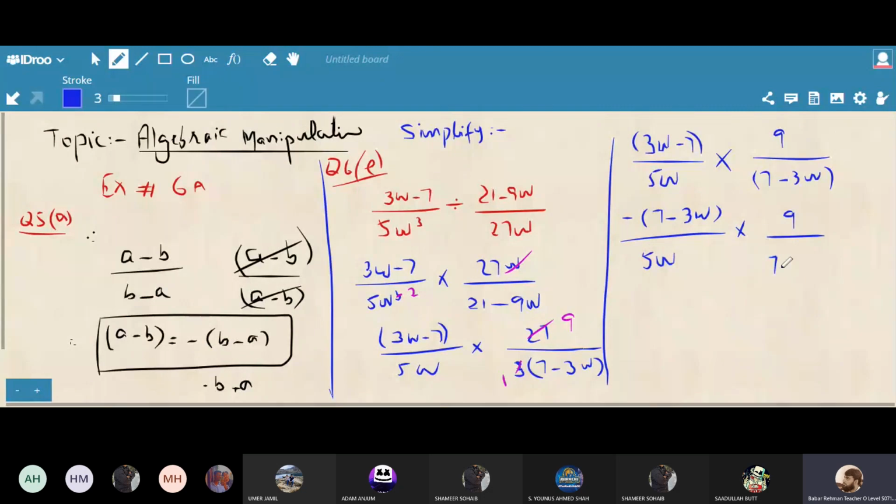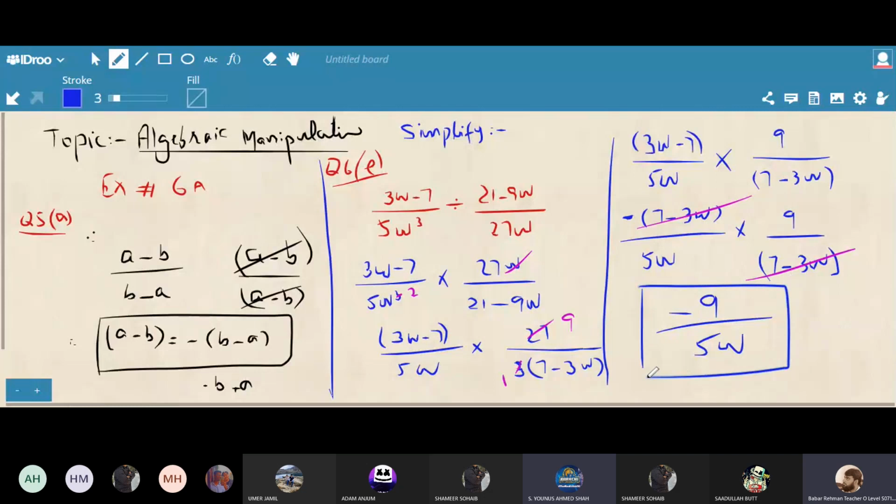And the minus sign will be there. Be careful, the minus sign is there. Now you can cancel these two brackets. Can anybody tell me the answer of this? What is the final answer? Minus 9 upon 5W. Yes, this is the correct answer.